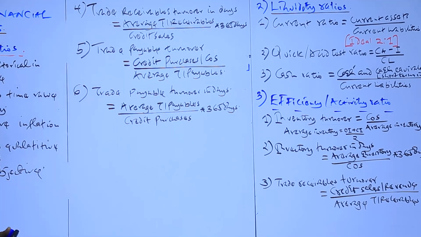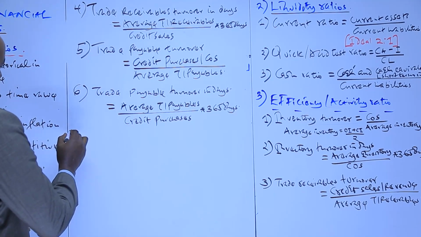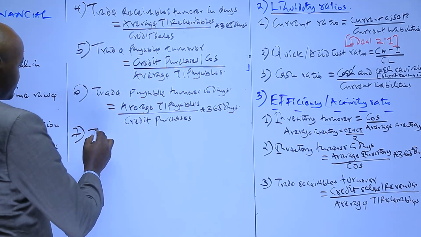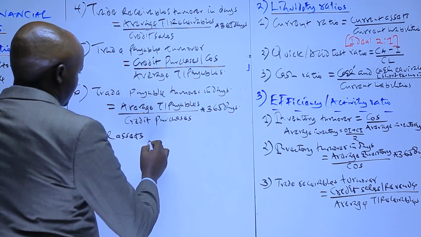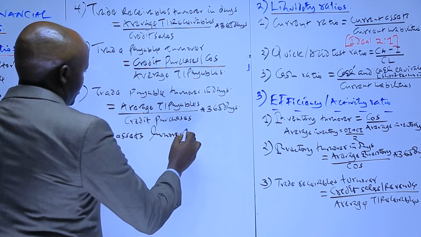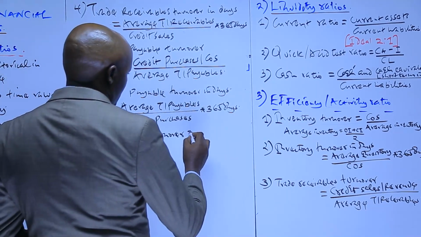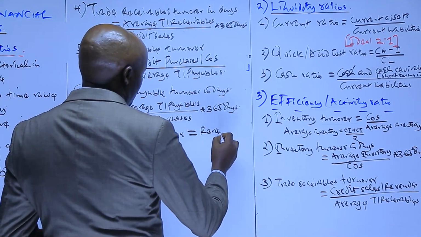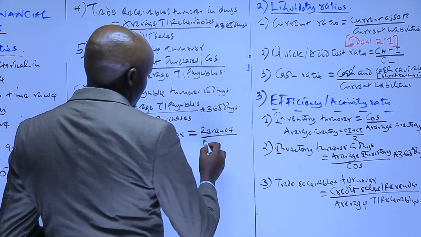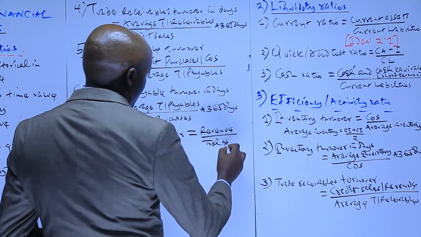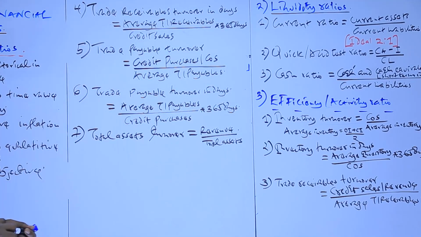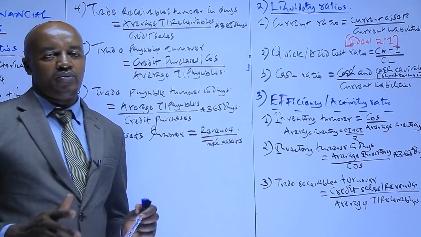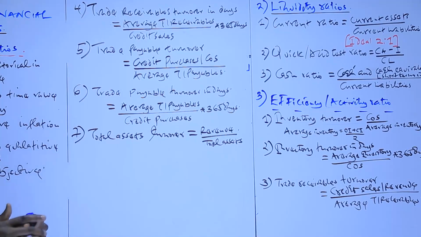I think we also have another one, known as the total assets turnover, still an efficiency ratio, computed by taking revenue, remember revenue is the same as sales, and dividing that by the total assets. Those are the various efficiency or activity ratios which may be computed by a company to evaluate how well the company is using its assets to generate a profit.